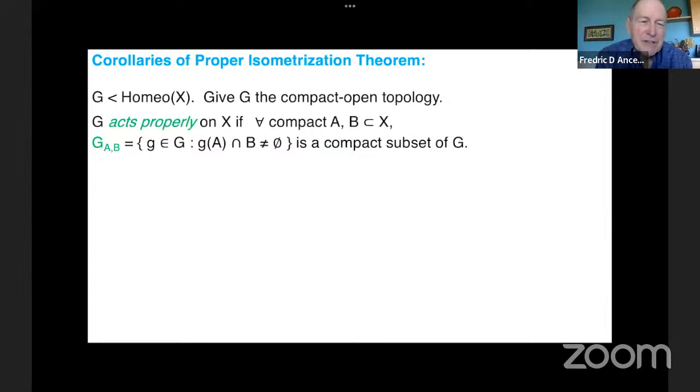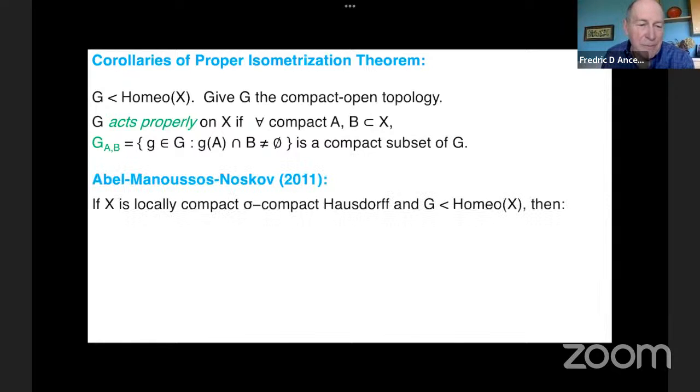And my previous conditions, equiregularity and nearly compact, did not require you to consider a topology on G. They were really statements about how G acts on the space, not about the topology on G. Anyway, if you make this definition, then you can state this theorem of Abels, Manoussos, and Noskov from 2011.